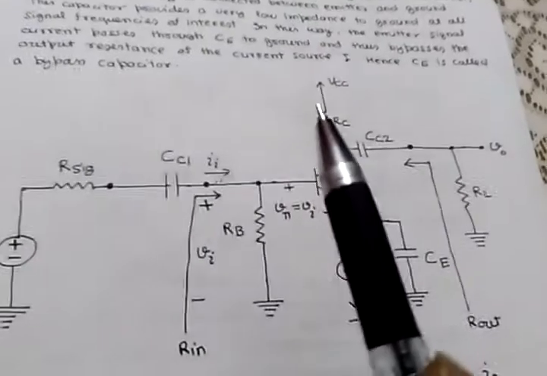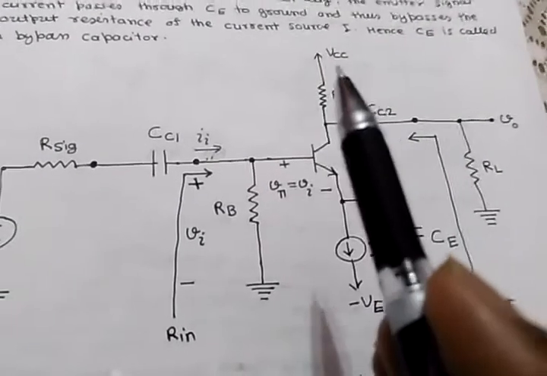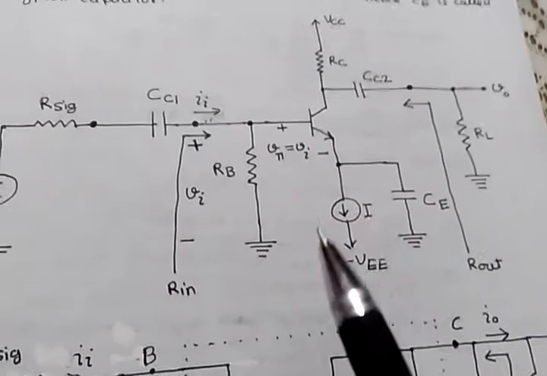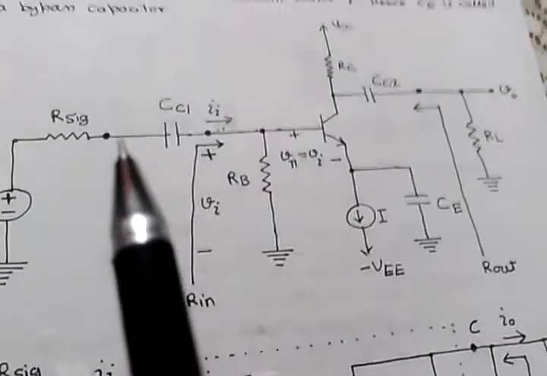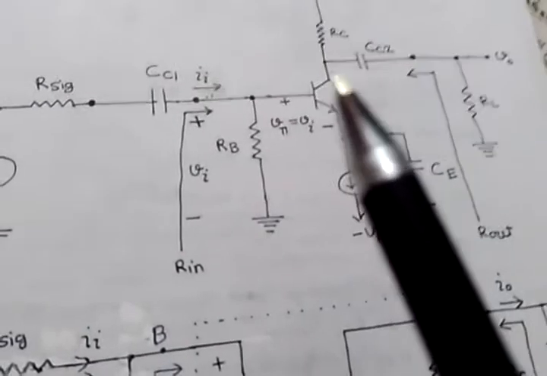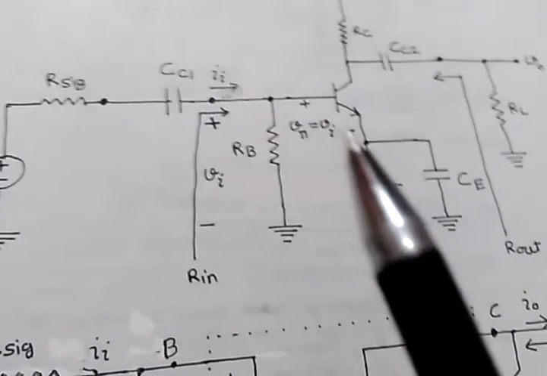So we will set VCC at ground level, we will open the DC current source I to set it at 0 ampere, and we replace all the capacitors by short circuits. For the transistor, we will use its small signal hybrid pi model.